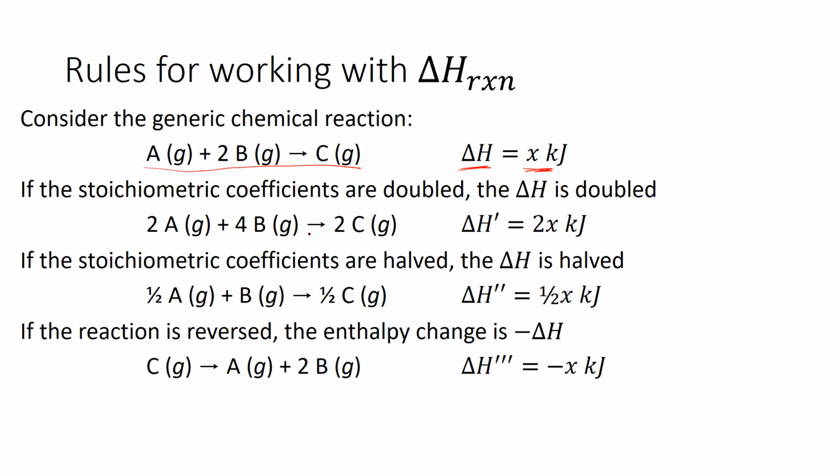So if you double those stoichiometric coefficients, so you double every single one of them, because you have to do that to keep it balanced if you're going to double the equation, we're left with this delta H prime. The prime is just saying it's different from the original one. That's all that's there to do. And so if you double the overall stoichiometric coefficients, the enthalpy change is doubled.